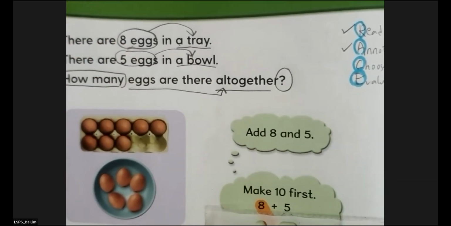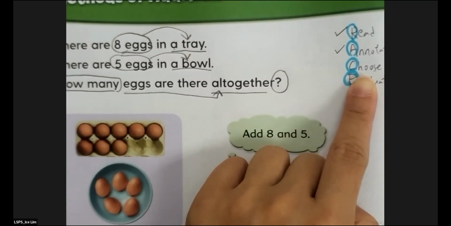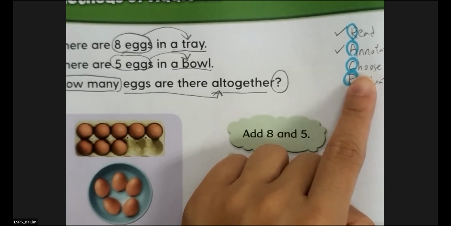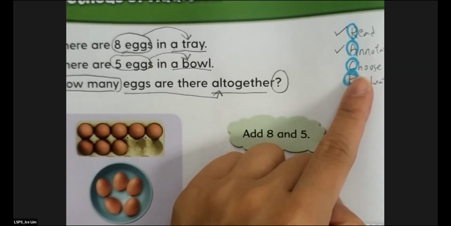Now, after reading the question, circling, underlining, and drawing arrows, we are going to go to the next step called choose. Choose a method. For doing addition, there are 2 special methods that we are going to show you. In the previous chapter on numbers to 10, addition and subtraction, do you remember what methods for addition we learned?